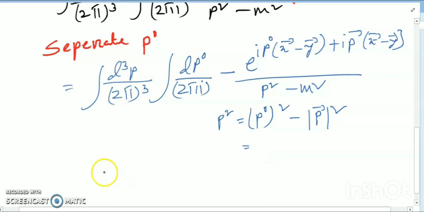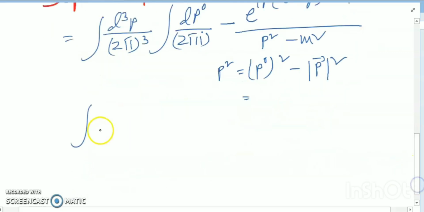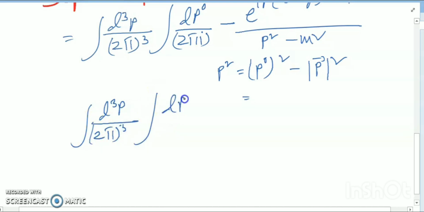So I can write this way that d cube p divided by 2 pi whole cube, into dp0 divided by 2 pi i, minus e to the power ip.